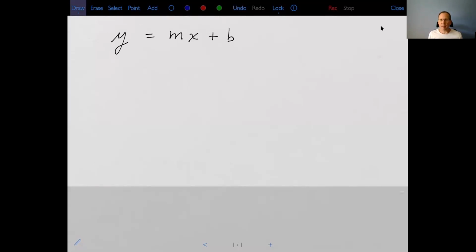And remember, in this example, what is our y variable? In other words, what's plotted on the y-axis? It's period squared. Period we usually represent by capital T, which kind of means time. So I'm going to call the period T, but my y variable is actually T squared.